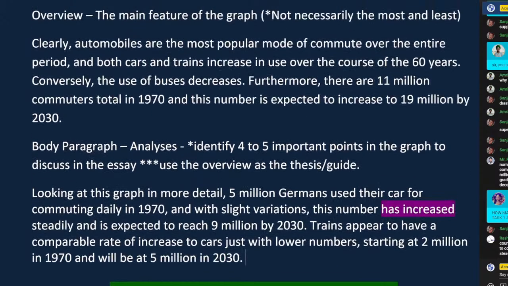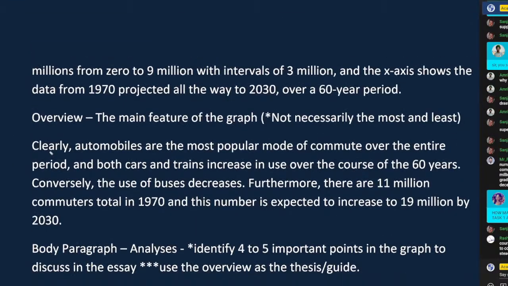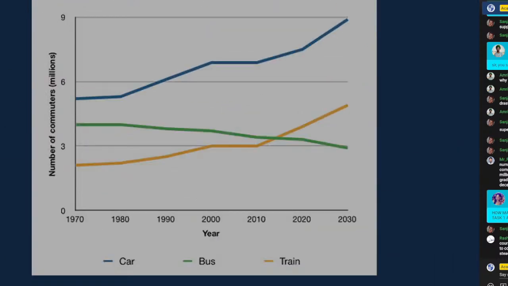So I've basically taken these parts of my overview so far. Clearly, automobiles are the most popular. Check. I've talked about that in my analysis over the entire period. And both cars and trains increase in use over the course of the 60 years. I just finished that. So now I'm on to this point here. Conversely, the use of buses decreases. So I want to express that in more detail. Looking at buses, they start at 4 million.